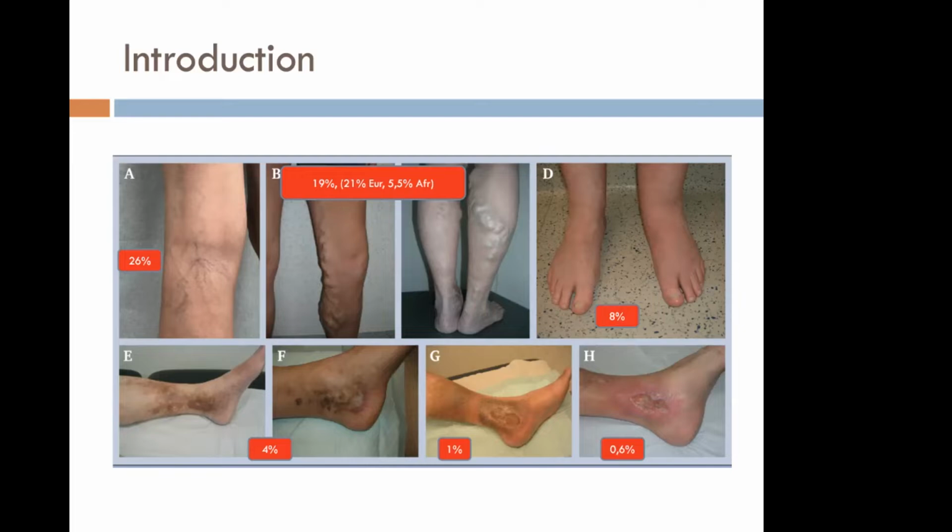Then just under 10% of these will present with unilateral leg swelling, which is chronic, and 4% develop skin changes, which I'll allude to later on. And fortunately, the most severe form, venous leg ulceration, is seen in less than 1% of these patients. You can move along.